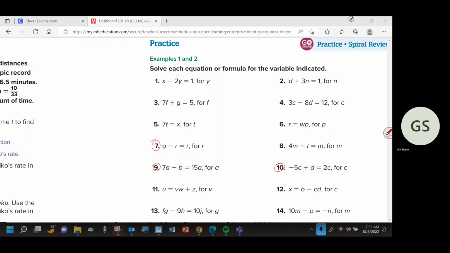I'll tell you the rule. You have more than one variable, like for all of them. There's more than one variable. Or try to solve. So you could do the same thing here.